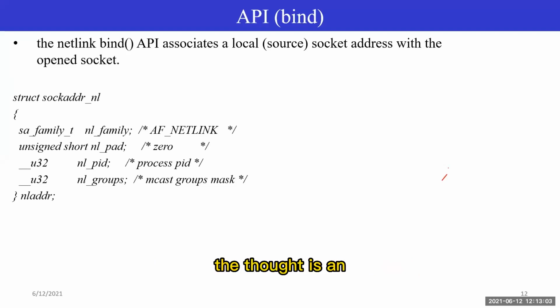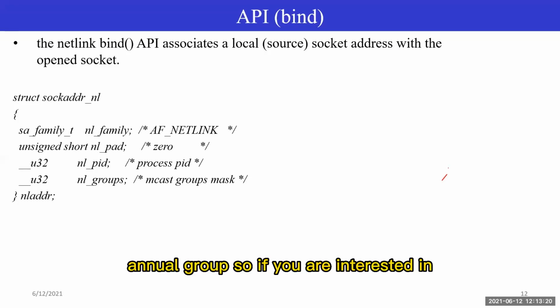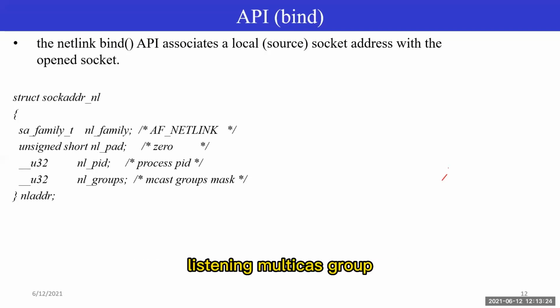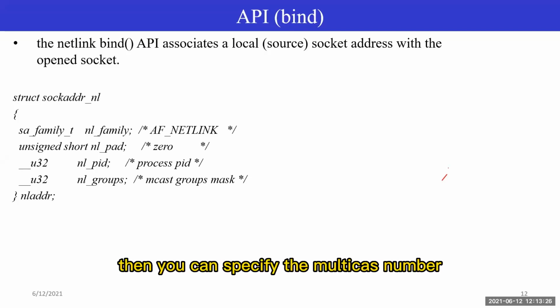The third important point is the PID, through which you can uniquely identify the socket number. And the fourth is for the NL group. If you are interested in listening to a multicast group, then you can specify the multicast number.